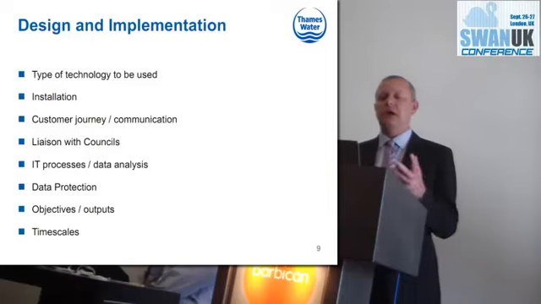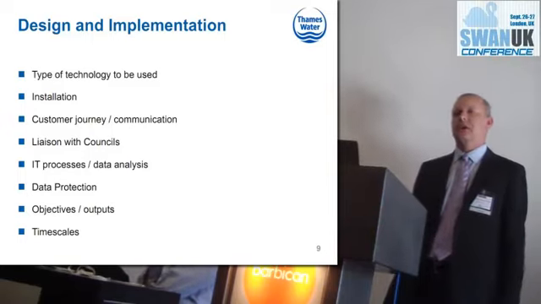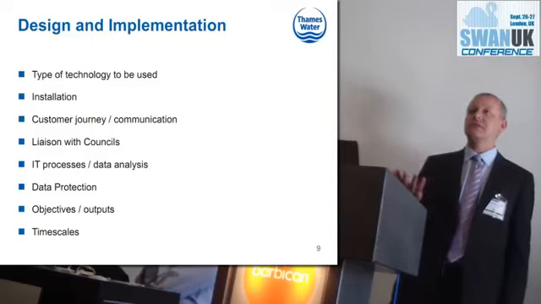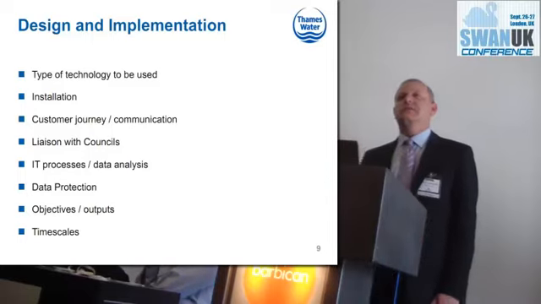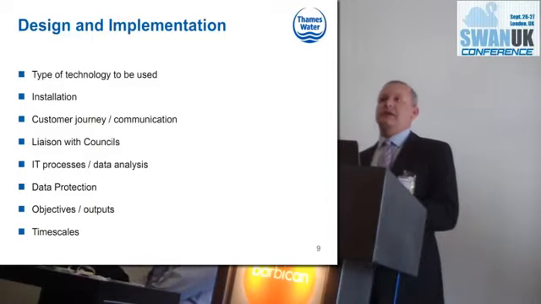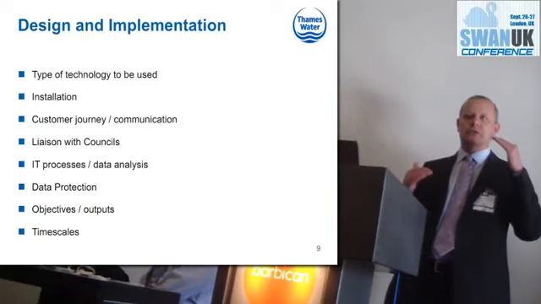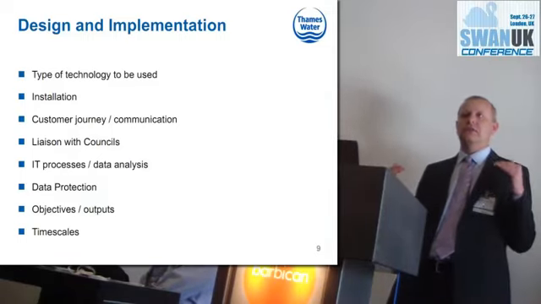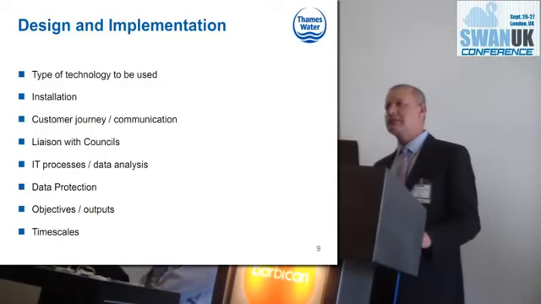And obviously the objectives and outputs expected. Why do you want to do this trial? Is this just for meter reading? Is this for extra benefits? What do you expect, and when do you expect that? So, taking on board all of these issues that you have to design into the trial, you cannot simply say, yeah, let's do this now, let's have results in 3 months.